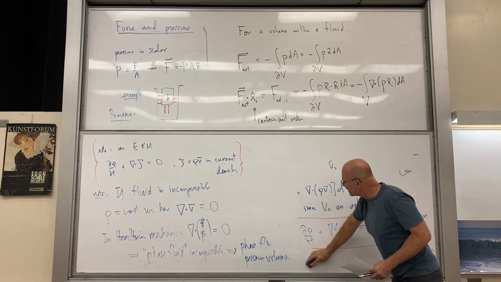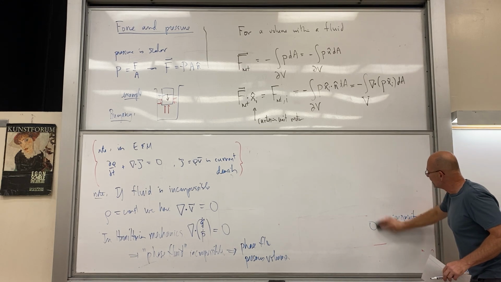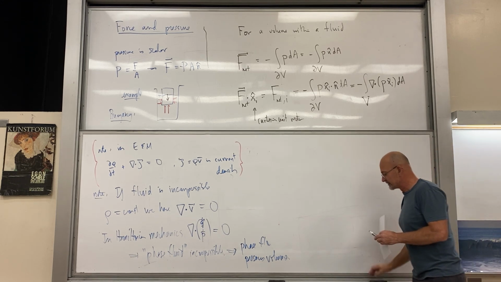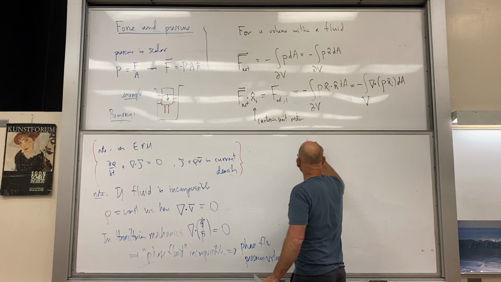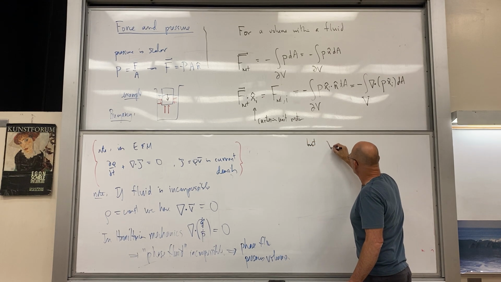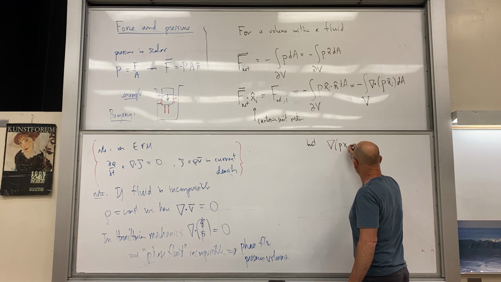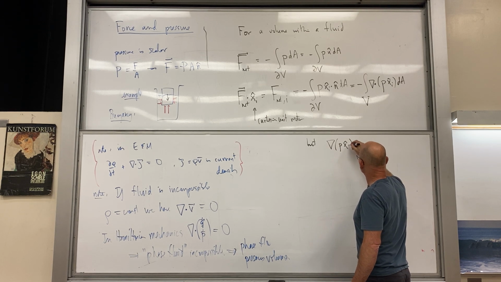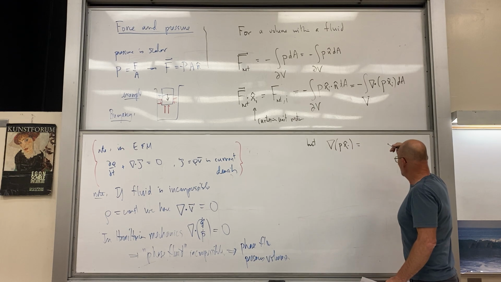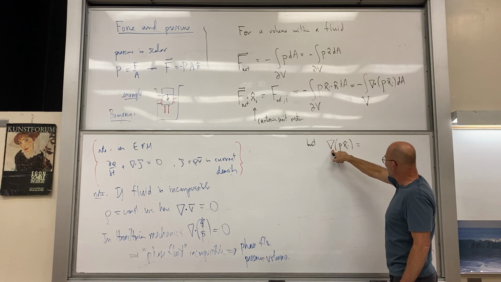So what is the divergence of that vector in there? We have to use an identity: divergence of P xi hat. That turns a vector into a scalar.